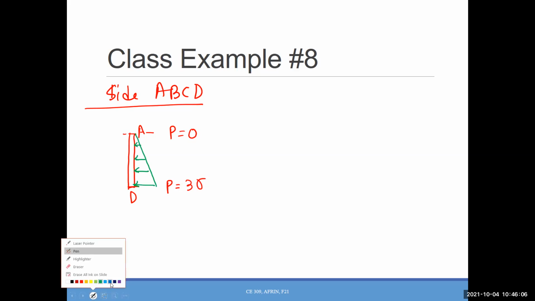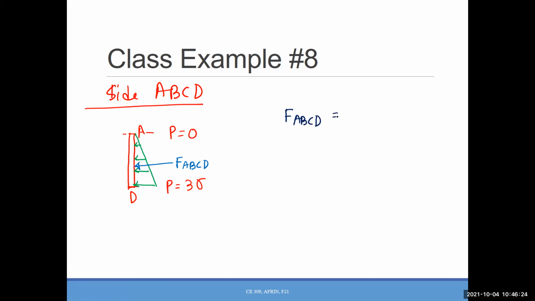And what we are trying to find is F ABCD, right? So what you will do now: what is the equation we derived a few minutes ago for force on a plane surface? Give me that.